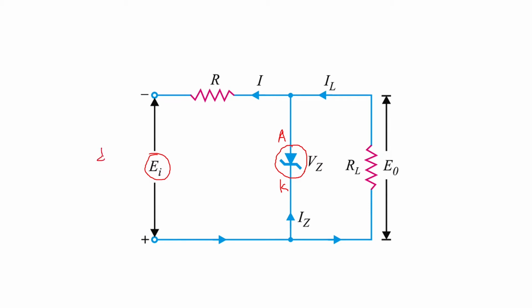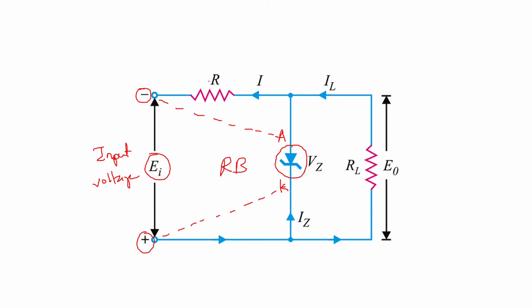In this input voltage, we have shown the negative point on top and the positive polarity down. So the anode is connected to the negative polarity and the cathode is connected to the positive polarity. That means the Zener diode is reverse biased, the same thing as we have seen in the earlier circuit.